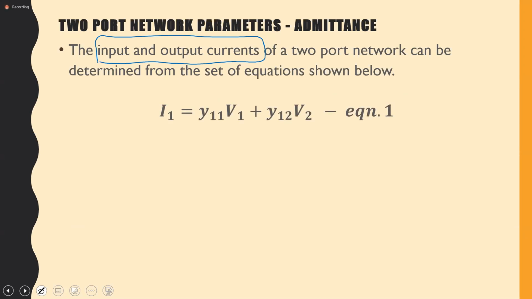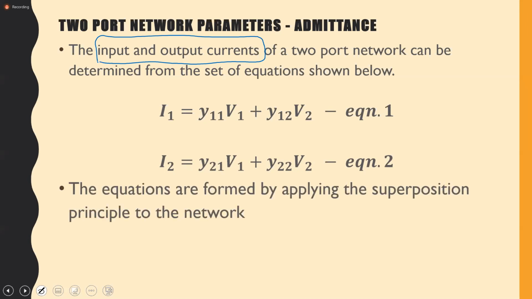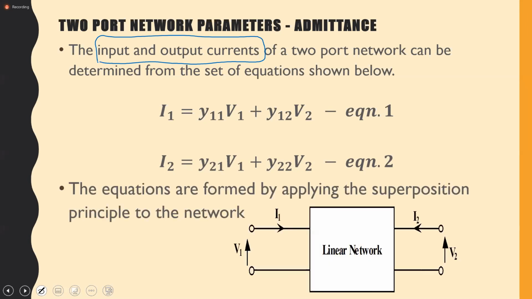And the equations: I1 equals Y11 V1 plus Y12 V2, and for the output current I2, we have Y21 V1 plus Y22 V2. And from a diagrammatical standpoint, that is what we have. Remember the convention that the upper terminal is more positive, or at a higher potential, than the lower, and that the currents are entering the upper terminals. Right.